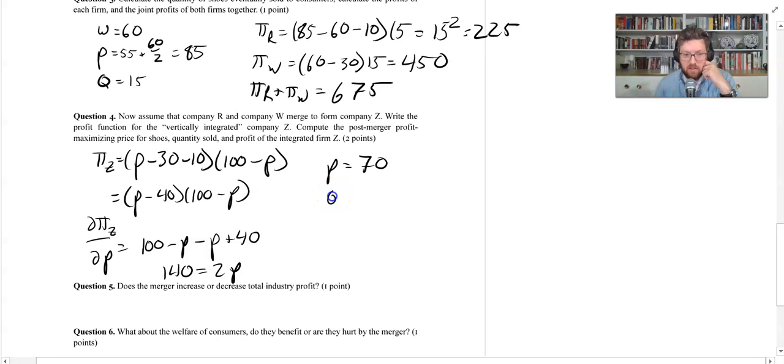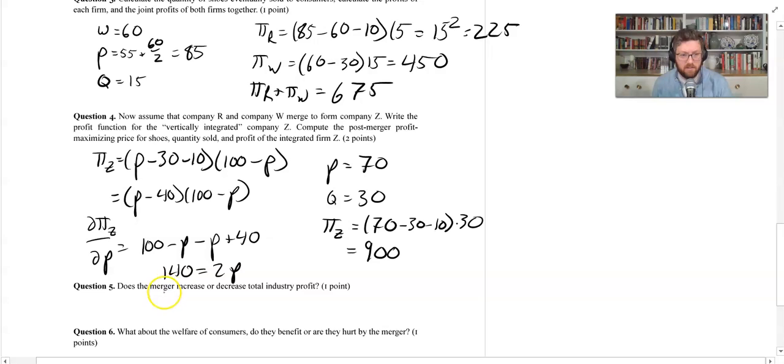If the price is 70, the quantity sold is 30, and the profit of company Z is 70 minus 30 minus 10 times 30 units sold. This is 70 minus 40, or 30. This is 30 squared, or 900. So notice, does the merger increase or decrease total industry profit?